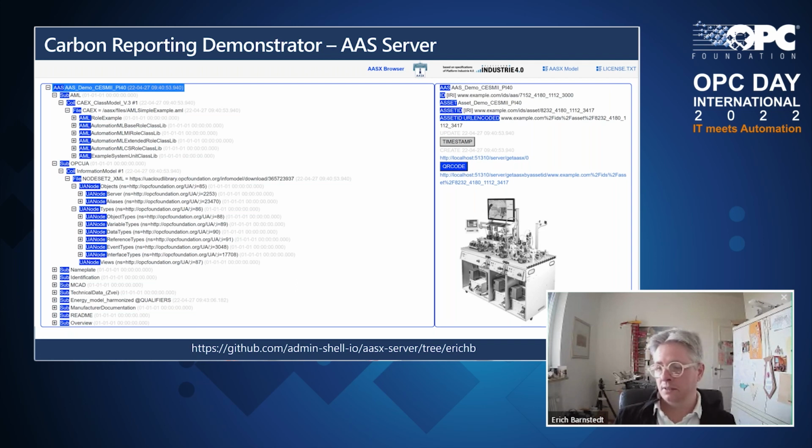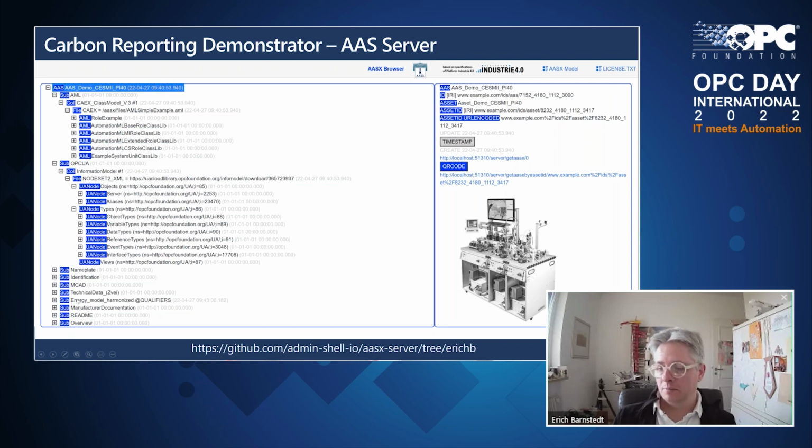And then, of course, you have all the other pieces that the Industrial Digital Twin Association talks about at length. For example, they have a standardized template for a nameplate or an identification. They're working on an OPC UA metadata template as well, where you get metadata about an OPC UA server, like its endpoints and what OPC UA profiles it supports, etc. So that's coming, and then this can be integrated here as well.